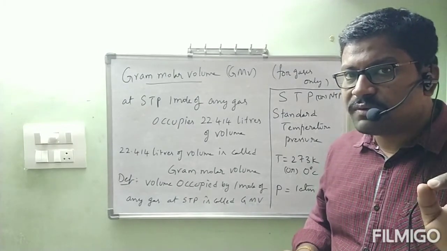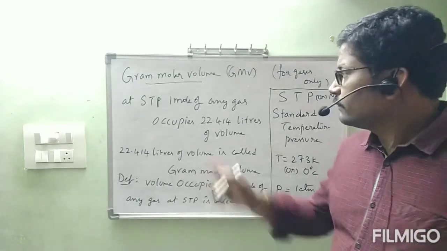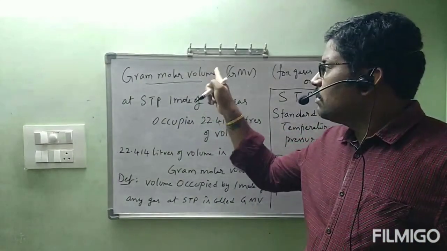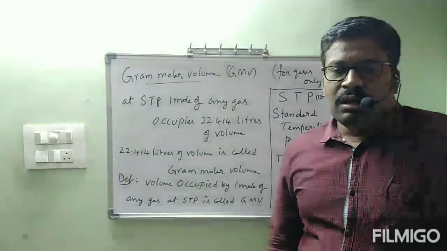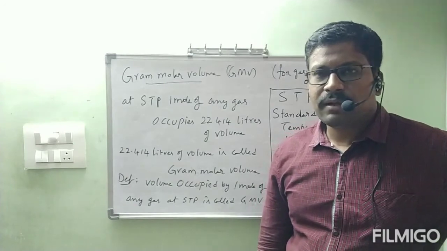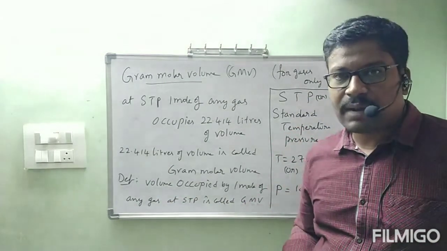That 22.414 liters term is called gram molar volume. Volume occupied by 1 mole of any gas at STP is called GMV, gram molar volume.